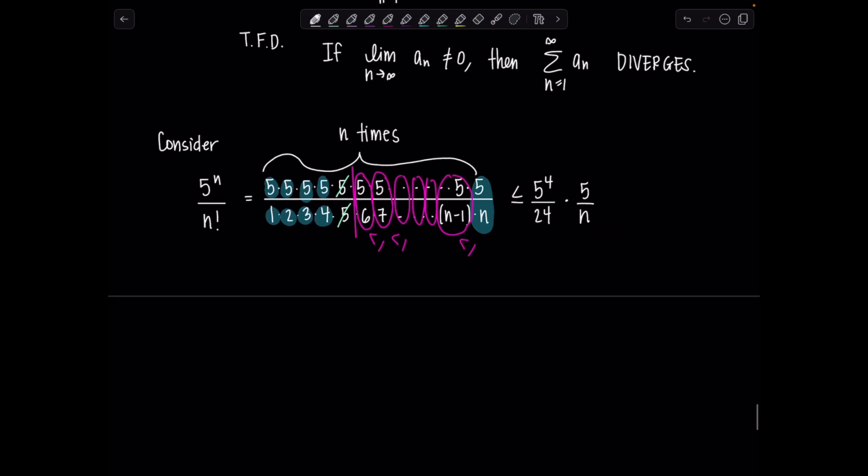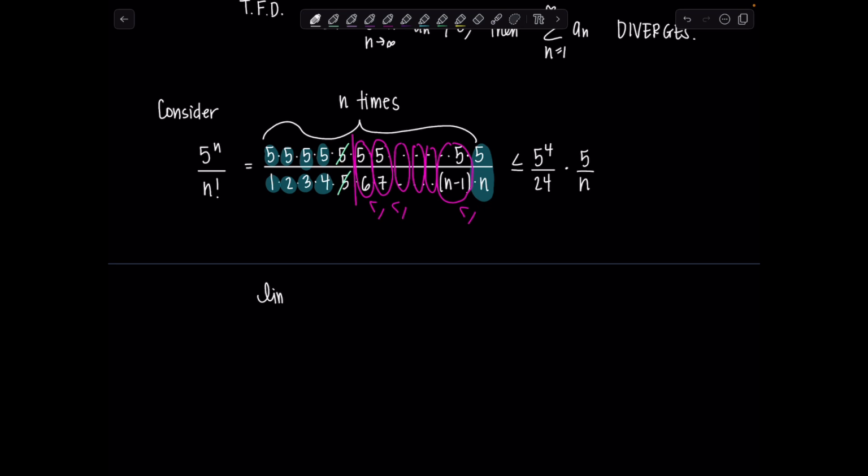Because now I can say, if I look at the limit as n approaches infinity, 5 to the 4th over 24 times 5 over n, these are all just constants, and n is getting very, very large. This limit is going to be 0.